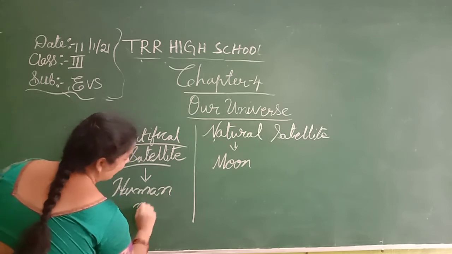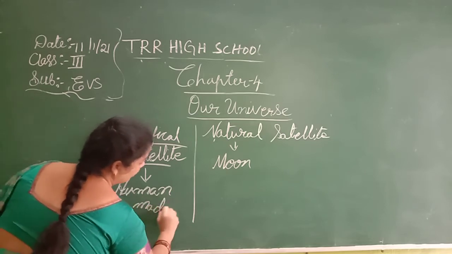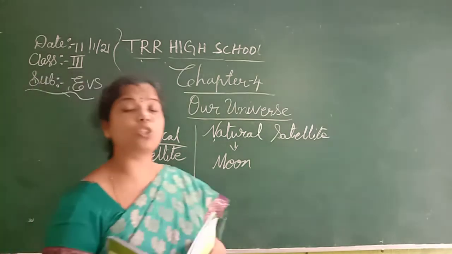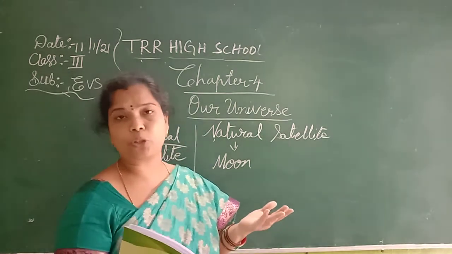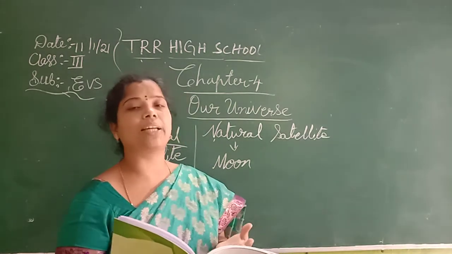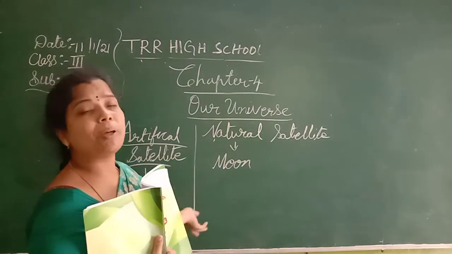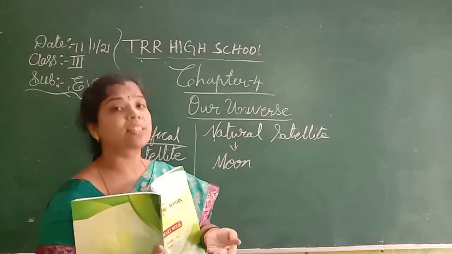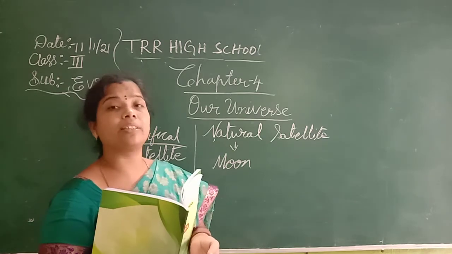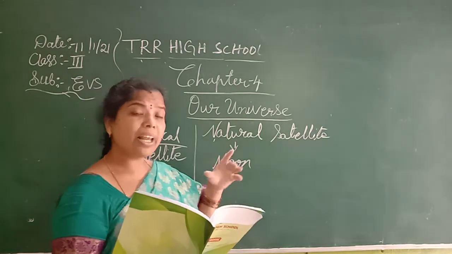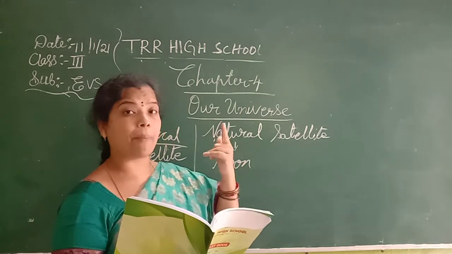Artificial means it was made by humans. For example, the TV programs which you watch, the cartoon shows, the news channels, all these are artificial, that is human made. Like, you might have watched on TV that they send the rockets up.